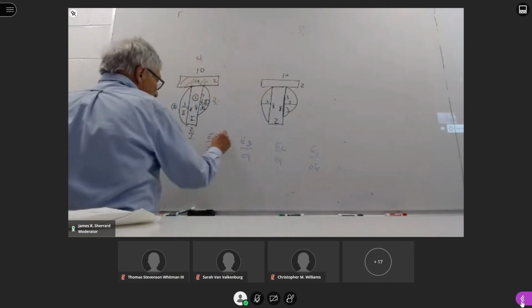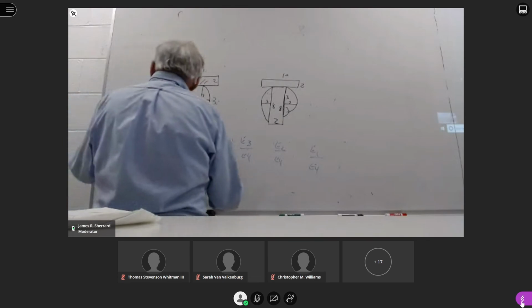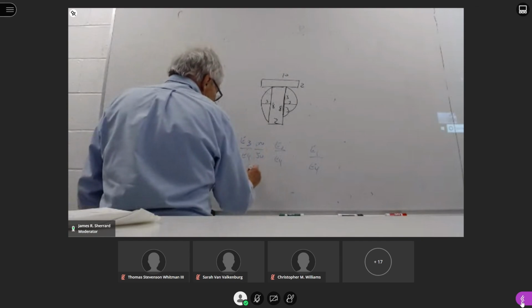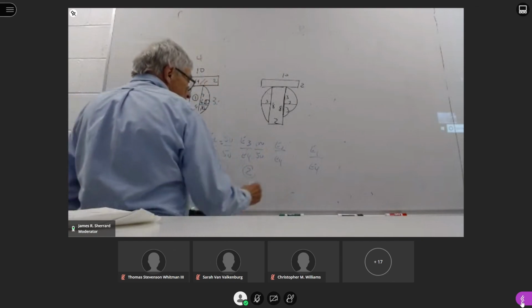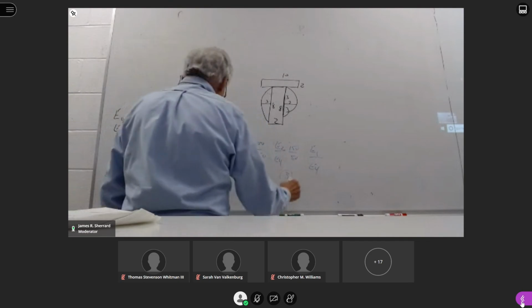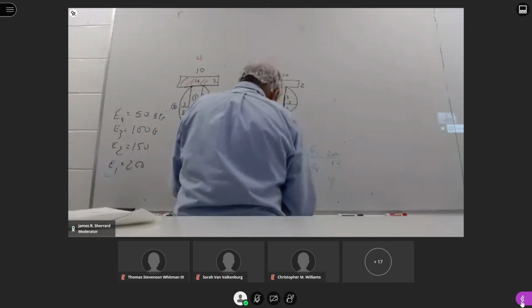E4 is 50 divided by 50, so that's 1. E3 is 100 divided by 50, so that is 2. This is 150 divided by 50, so this is 3. This final one is 200 divided by 50, so this is 4.